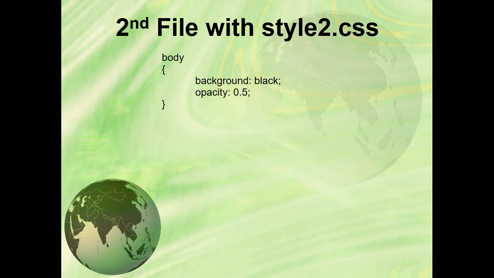Opacity means you can increase and decrease the brightness and darkness of that color. That is called opacity. Opacity is 0.5. The increasing and decreasing of darkness and brightness of that color is called opacity.